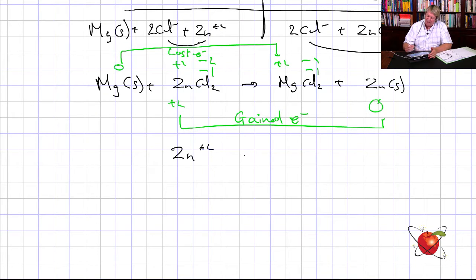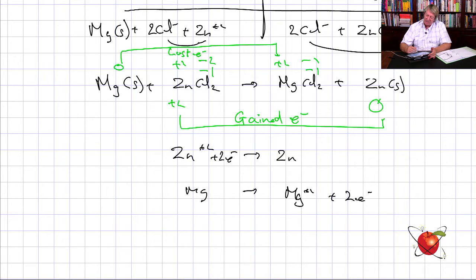We had here the zinc was a +2, and the zinc gained 2 electrons and became uncharged, and over this side, the magnesium was a 0, it became Mg +2, and 2 electrons were given off, and there's our half reaction. And we had gain here, so oil rig, gain is reduction, and this is oxidation. Right? Okay. So now let's move on to the next one.